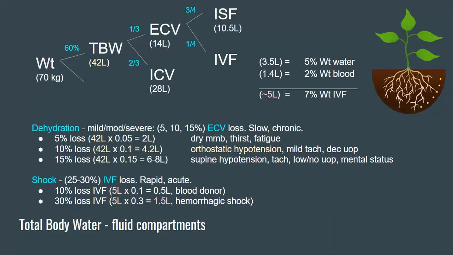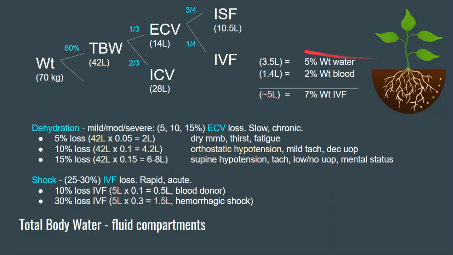But that's where you get this number of 5 liters. Okay? So the intravascular fluid compartment is critical. That's where your blood is. The interstitial fluid compartment is just as critical, and there's more of it than the intravascular fluid. 5 liters, 10 liters. There's twice as much.